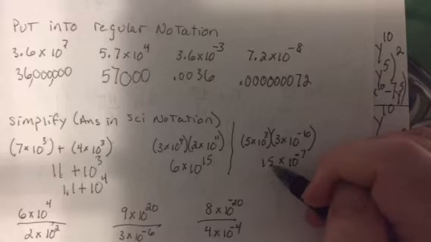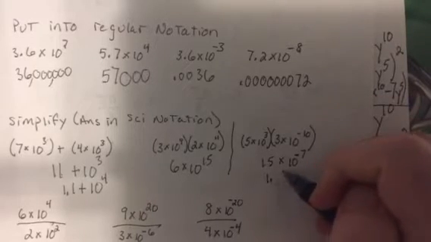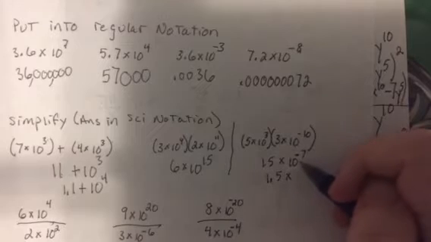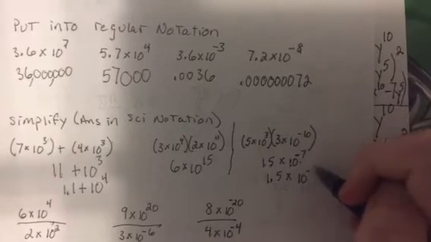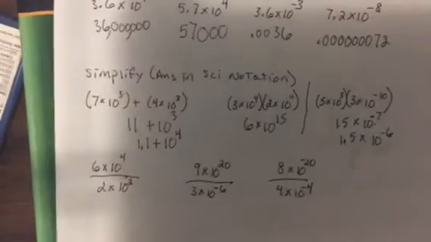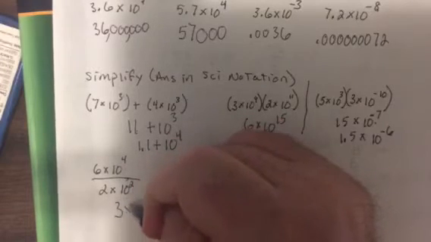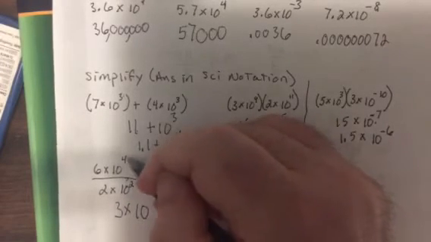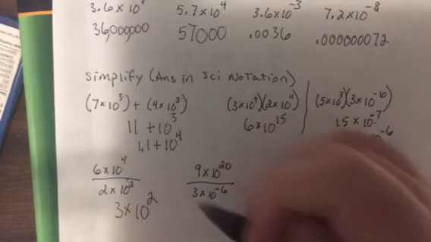But I got to make this smaller. So I got to make this one bigger to keep it balanced. Then we have 6 divided by 2 is 3 times 10 to the 4 minus 2. Whenever you divide two things same base, you subtract the powers.